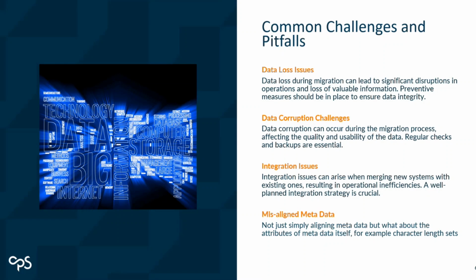You may have one system that has a character limit of 100 characters, and the new system, let's say, for example, if not configured correctly, may have only a 50 character limit. So again, this is something that we see quite often when people try to automate the platform, or even if they're doing it manually, if there is a misalignment between those metadatas and the attributes of those character sets, for example, and that's just one example, that is where we see those kind of common pitfalls occur.